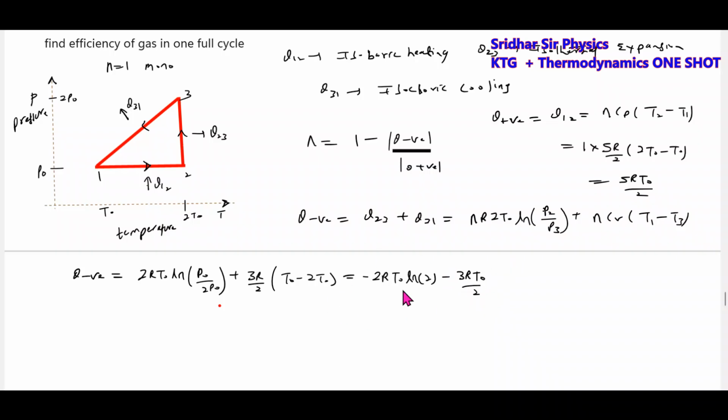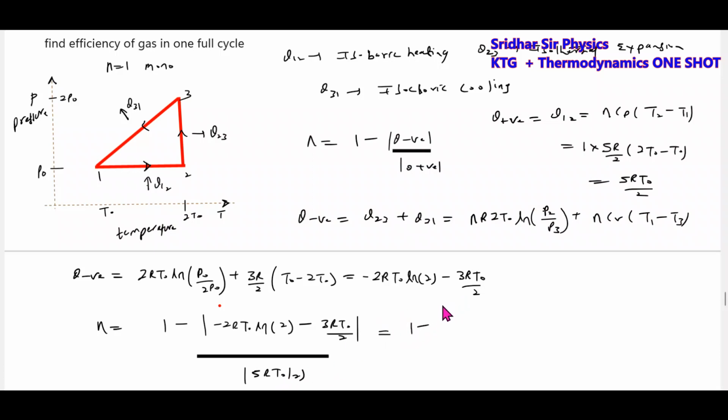So then the efficiency will be, okay, now you got the idea why modulus should be there. 1 minus mod of (minus 2R T0 log 2 minus 3R T0 by 2) by mod of Q positive, 5R T0 by 2.